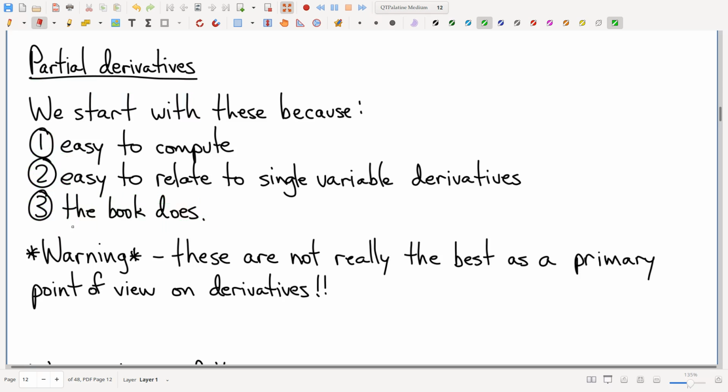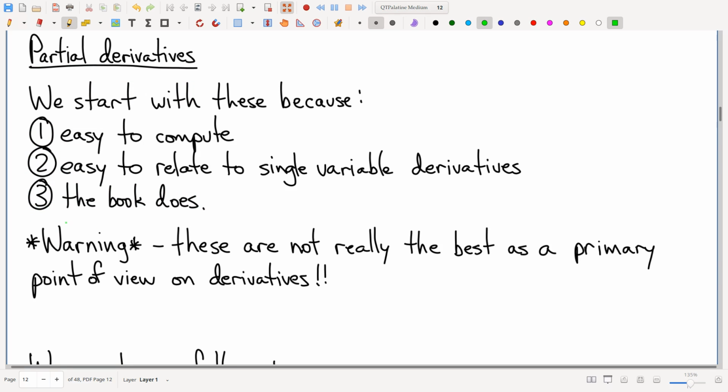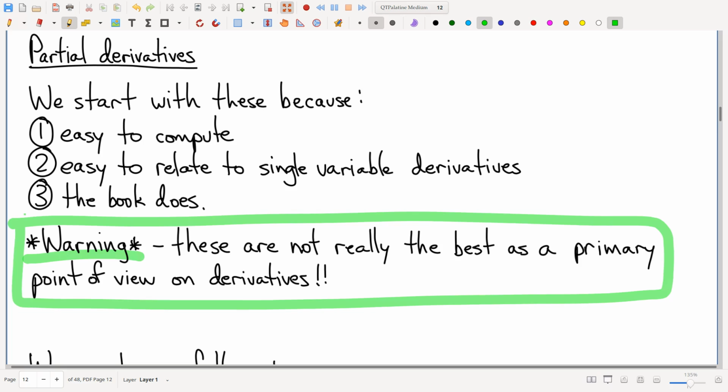Okay, so with that said, I do want to give you a warning, and that is, ultimately, the best way to think about multivariable derivatives is not this. We're starting with partial derivatives for these other reasons, but not because they're fundamentally deep down how you should think about multivariable derivatives.